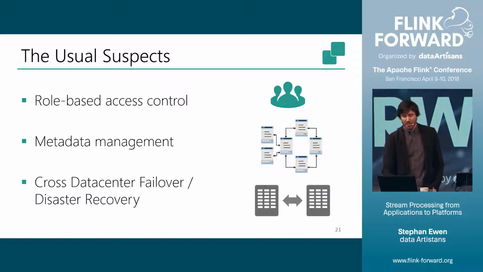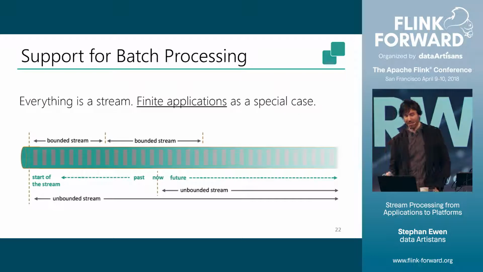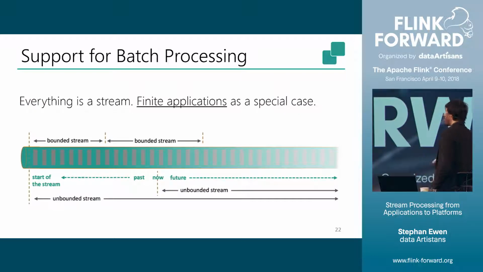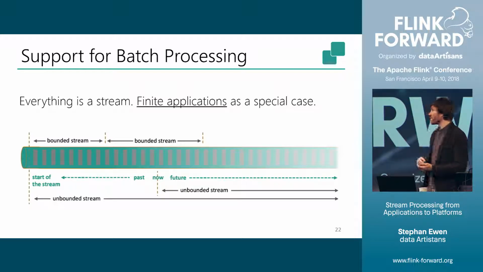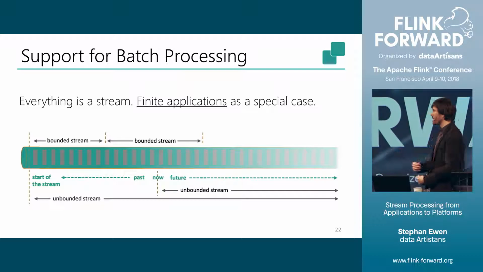Beyond those things, there are a few things that I find personally very interesting to think about going forward. We're talking a lot about stream processing, but there's also the other side. Flink is definitely also a batch processor. Thinking of this philosophy of everything streams, batch as a special case of streaming, how does that fit into that world?